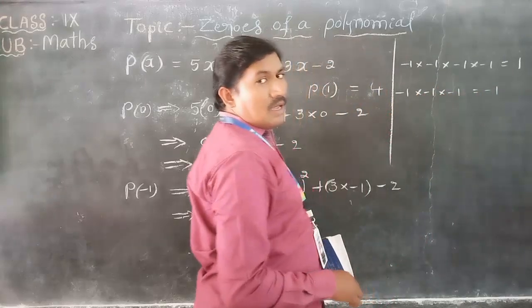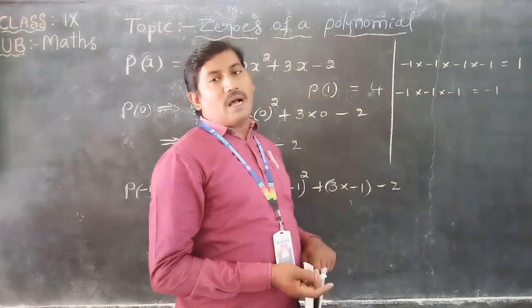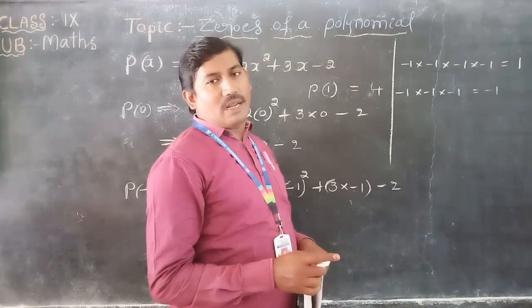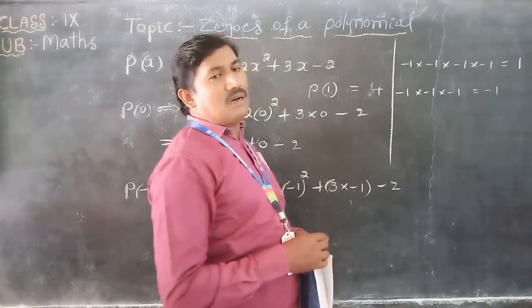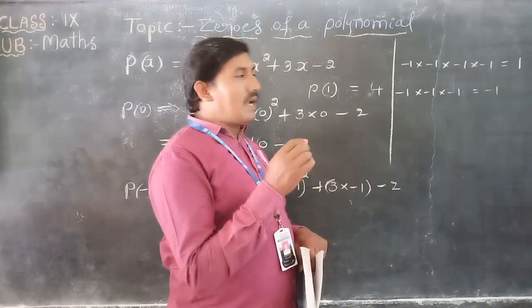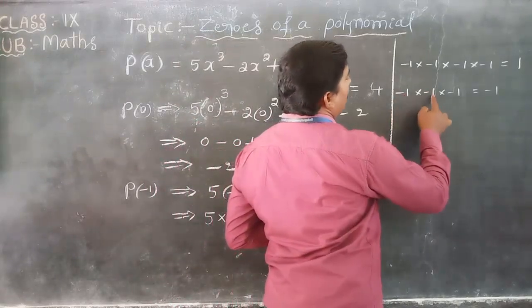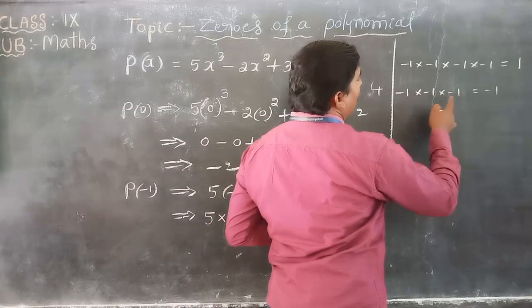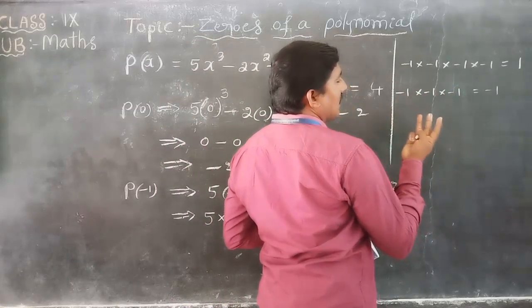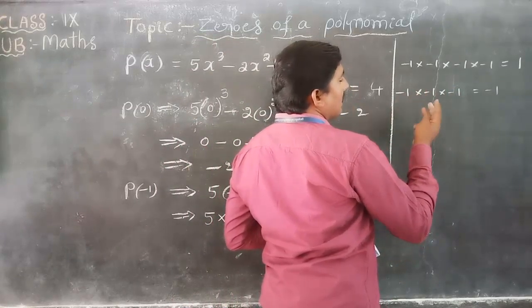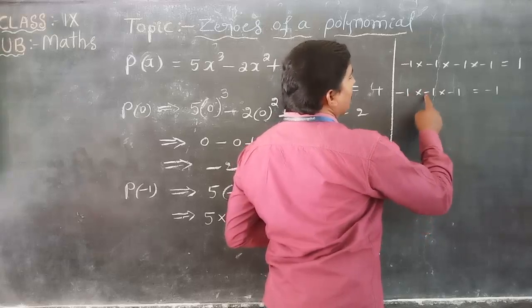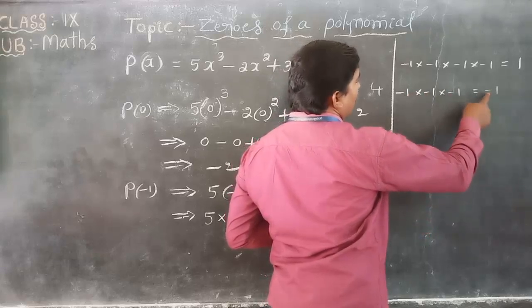Why? 1 multiplied any number of times is 1 only, but we get minus 1 or plus 1 depending on the sign. Minus 1 into minus 1 into minus 1 is multiplied 3 times, and 3 is an odd number. So multiplying an odd number of times, we get minus.